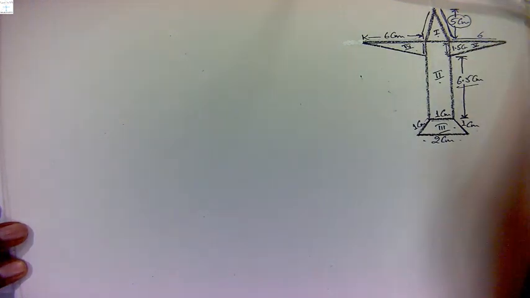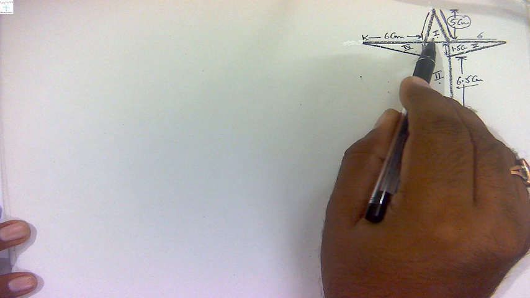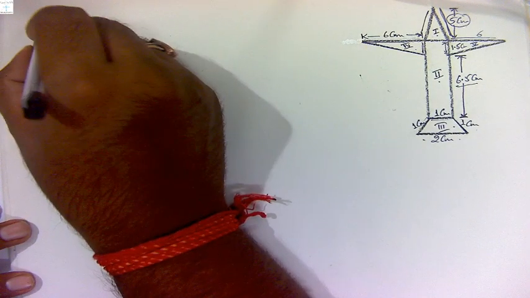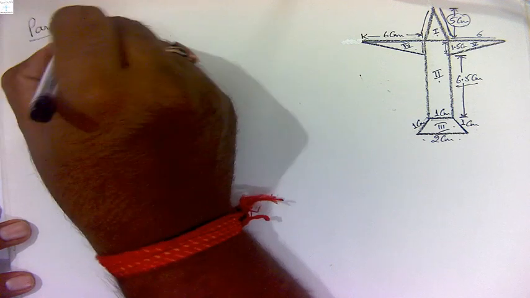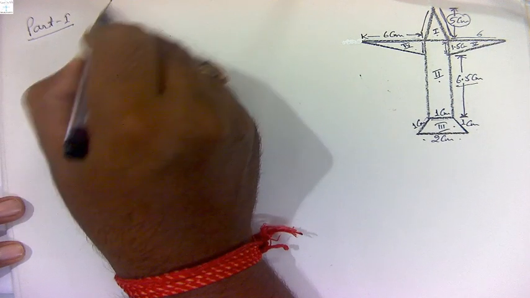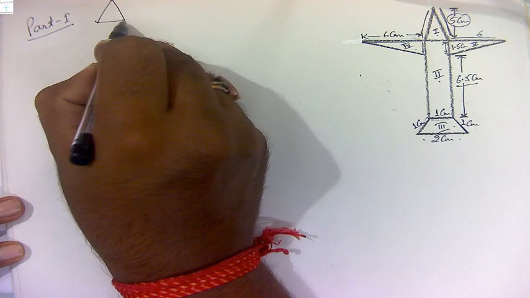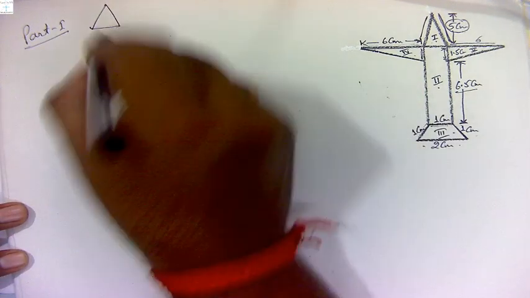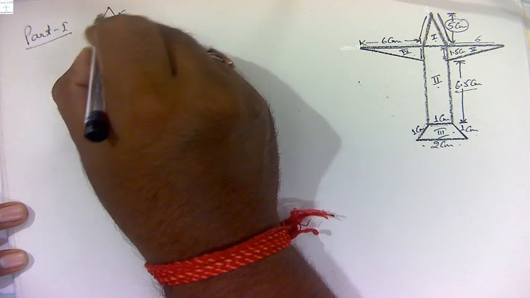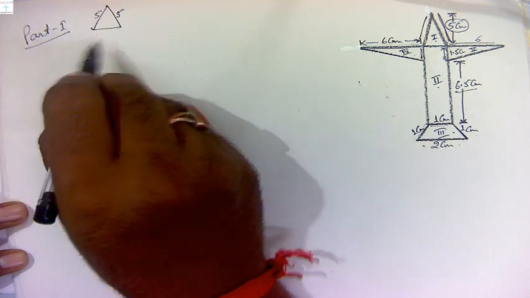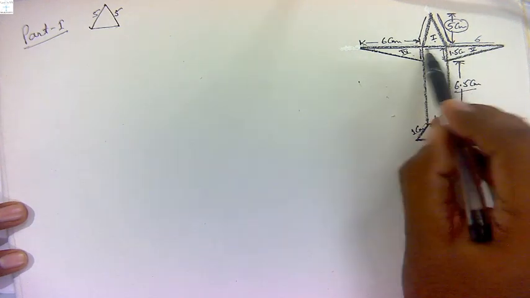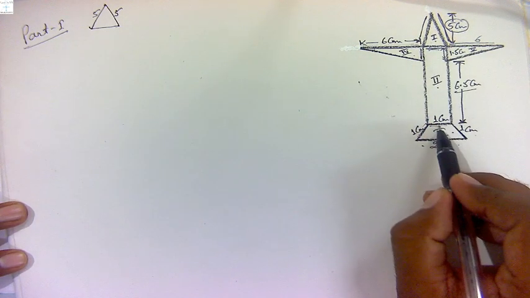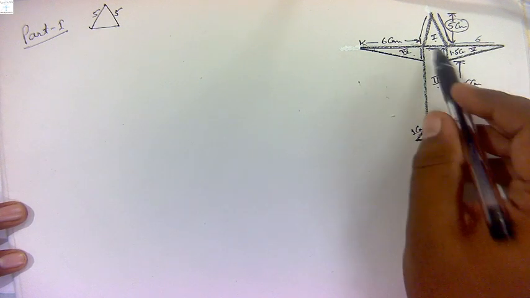So as you can see here, if you take the first part, part 1, what is it? It is a triangle where these two sides are given to you as 5 centimeter each, and this third side is equal to 1 centimeter because the width is same.